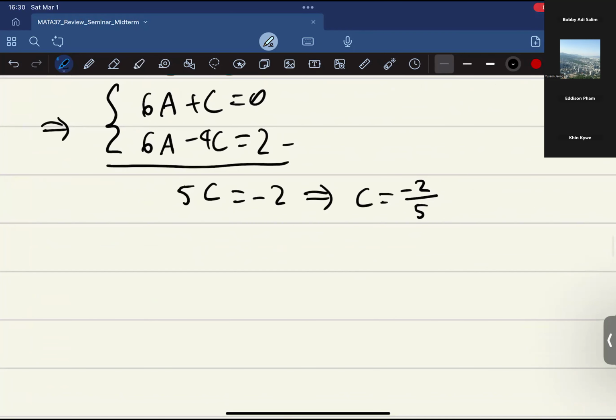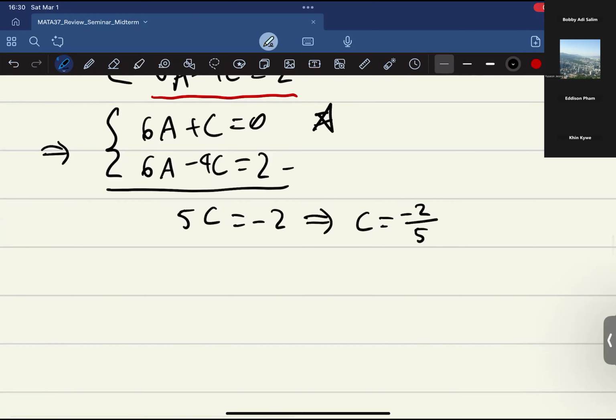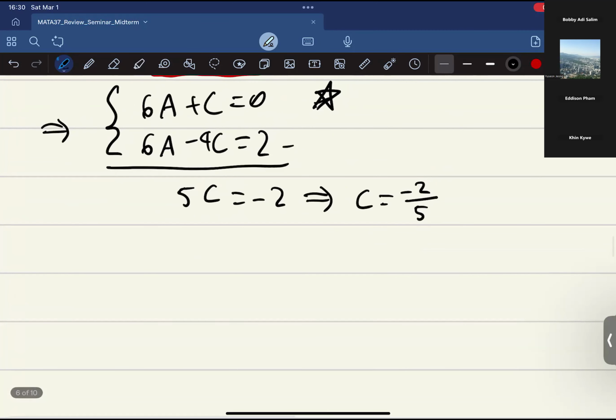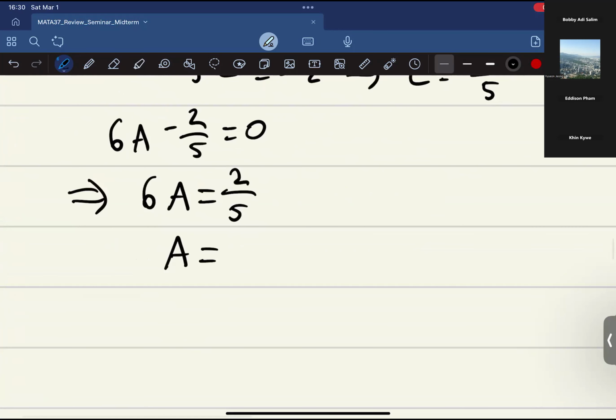Then we can plug this into this equation right here and get 6a minus 2 over 5 equals 0. And by some algebra, we get that a equals 1 over 15.